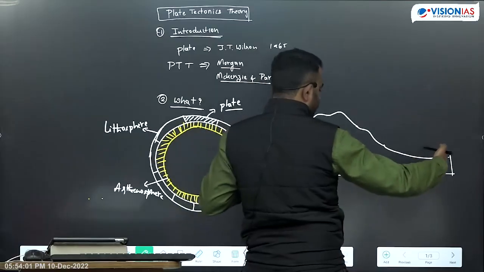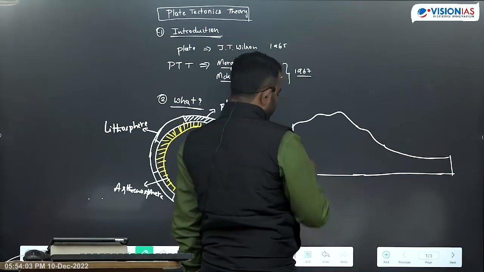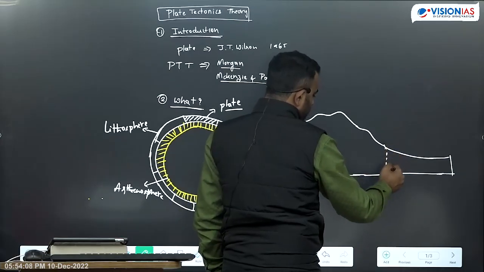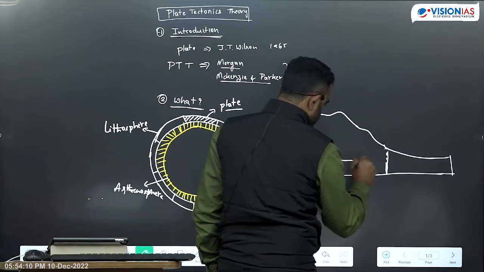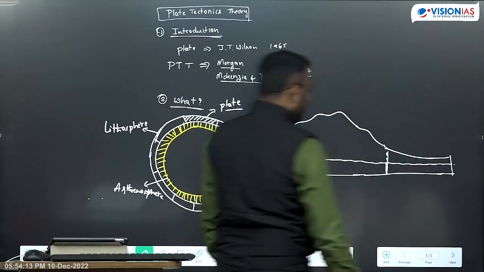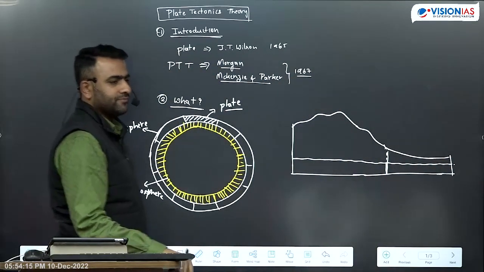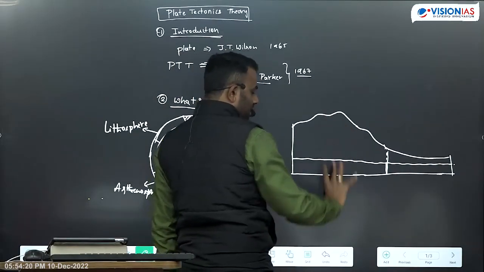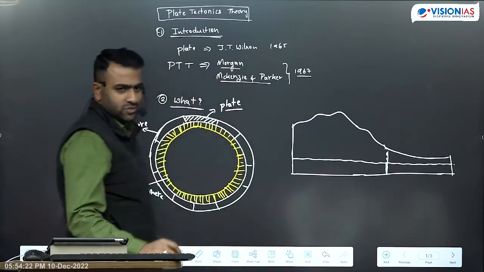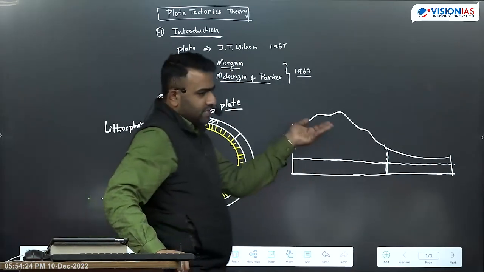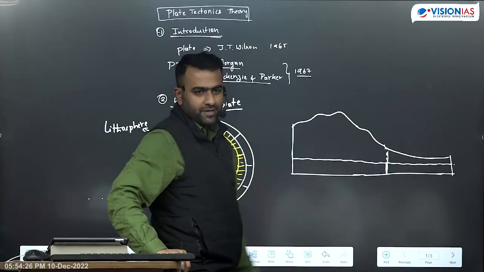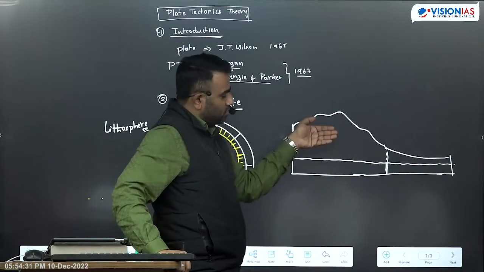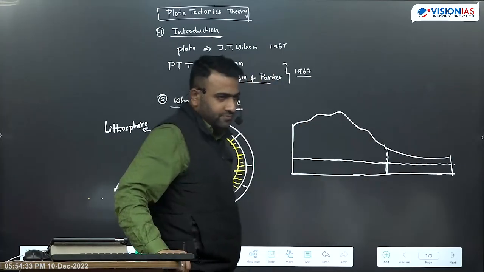Each plate is like a broken part of the lithosphere. On one end, it may contain continental crust. On another end, it may contain oceanic crust. So what is lithosphere basically? It is the crust plus the uppermost part of the upper mantle, which acts as a single unit. This uppermost part of the upper mantle is attached with both continental crust as well as oceanic crust.